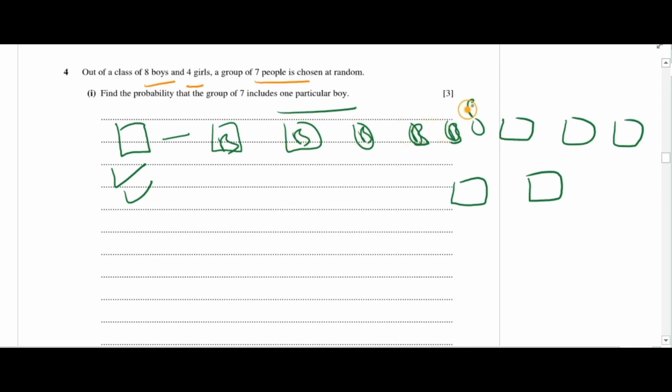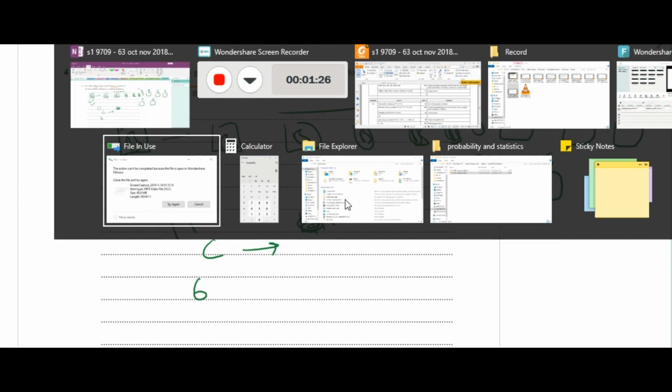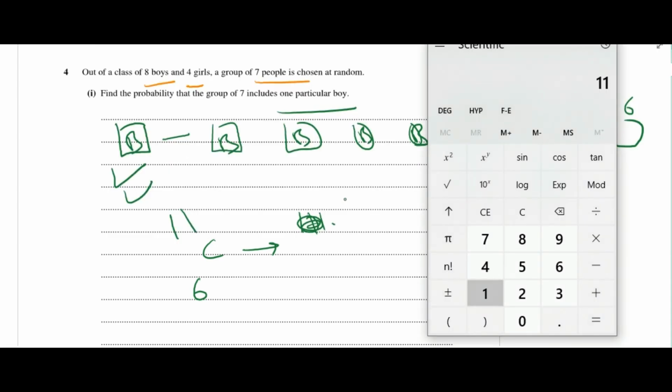So out of these 11, 1, 2, 3, 4, 5, 6, 7, 8, 9, 10, 11, we have to choose the other 6, because this boy was the lucky one, he already got chosen. So we have to choose between them. So 11C6, that is how we are going to choose these particular students.